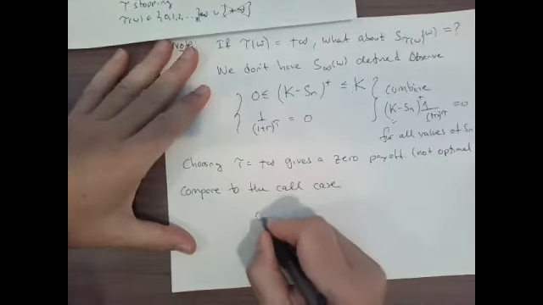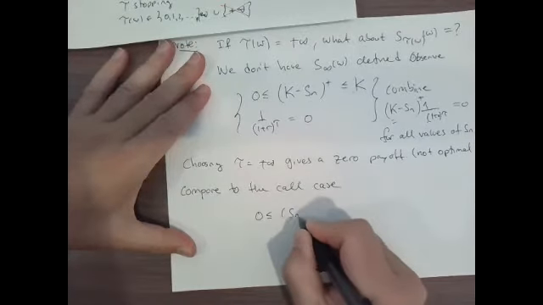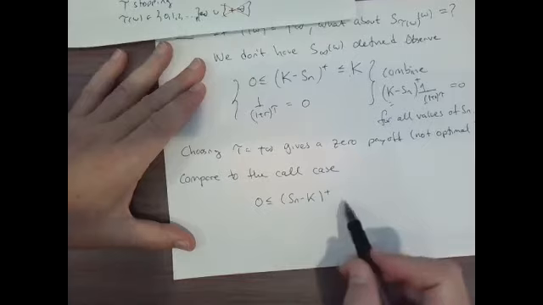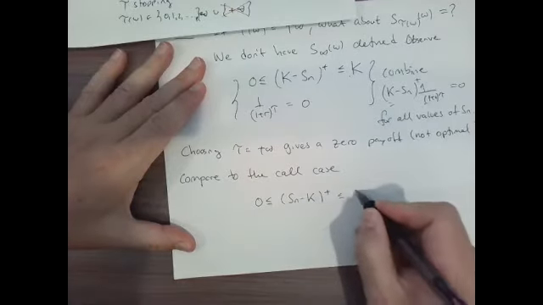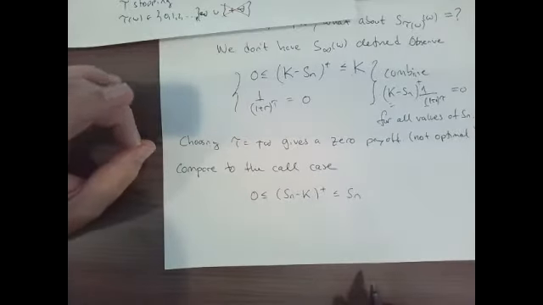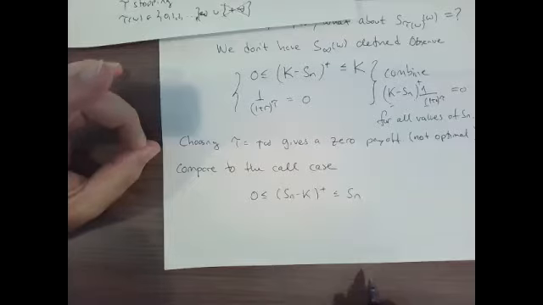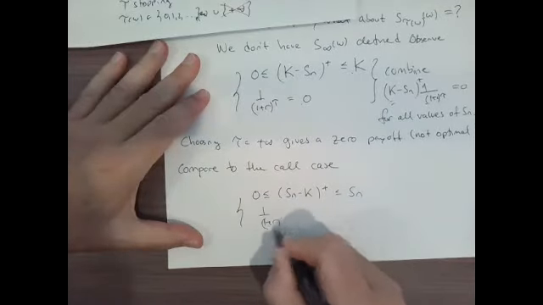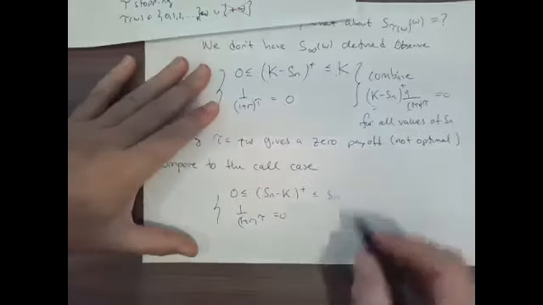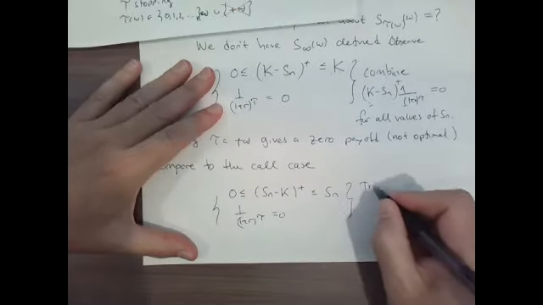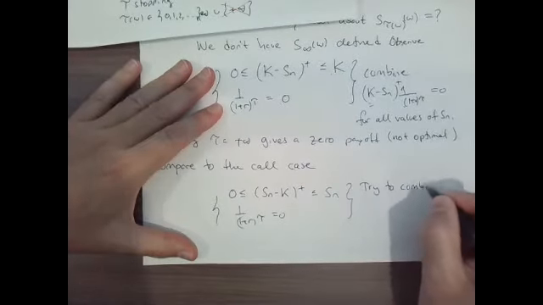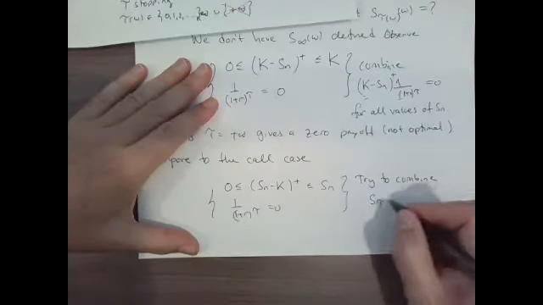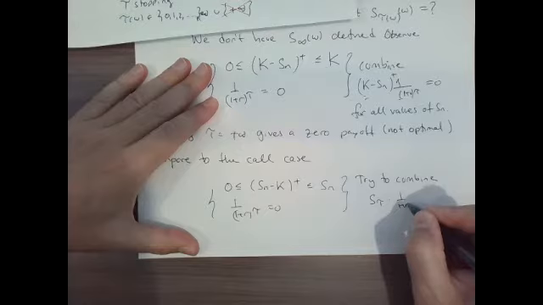And so then you will still have that 0 is bigger than this Sn minus k positive part. But there's no upper bound here. The upper bound will be Sn. So then, if I have 1 plus r to the power tau, this is equal to 0. If you try to combine, then you would have something like S tau times 1 over 1 plus r to the tau.